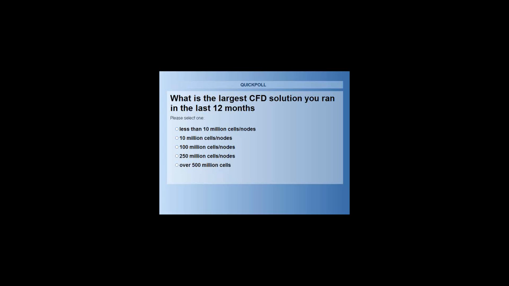What you should see now is a poll, and this ranges basically from less than 10 million cells or nodes to over 500 million cells. So I'd encourage you to go ahead and answer appropriately. We typically like to wait until we have nominally 70% of the attendees answering, and then we'll turn off the poll and show you the results.